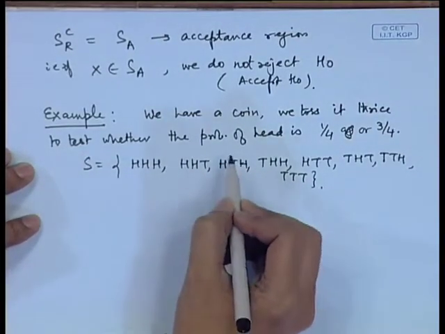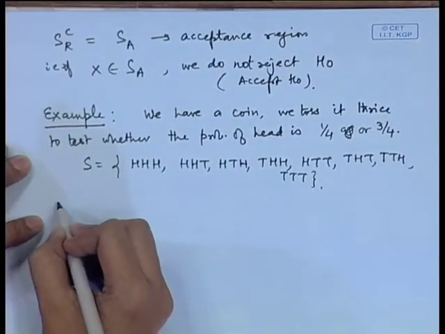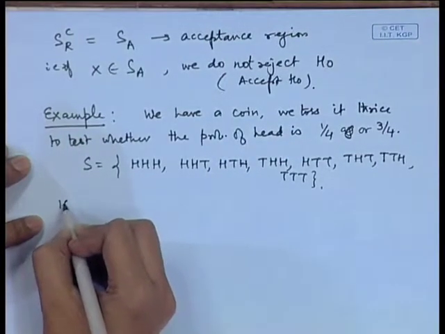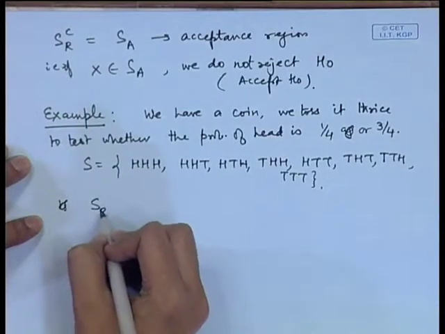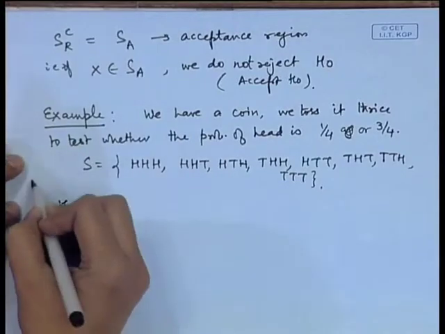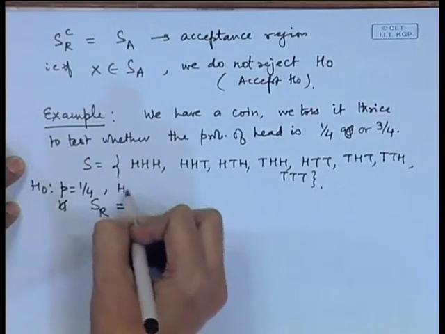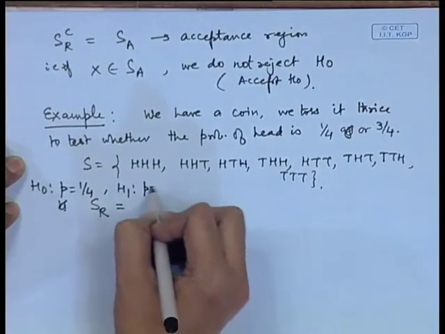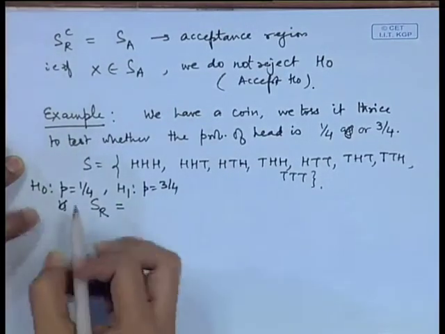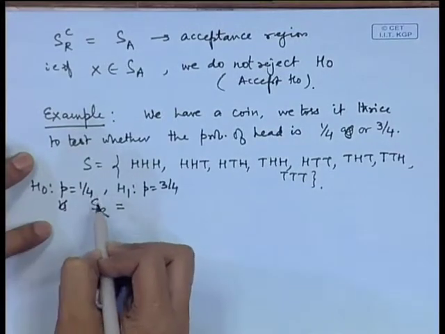Now, we may take a decision like this, so we can make a decision rule like this S R. So, we have to test the hypothesis here H naught p is equal to 1/4 against H 1 p is equal to 3/4. So, p is equal to 1/4 means that head has a less probability.